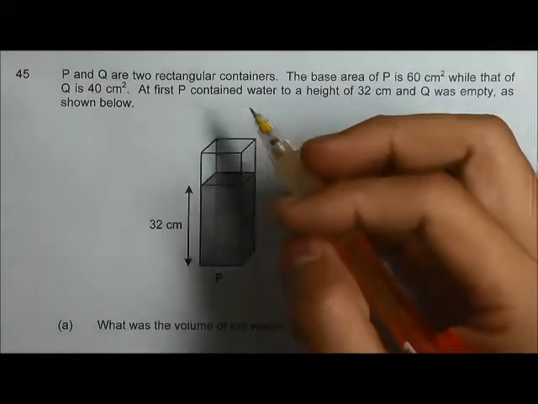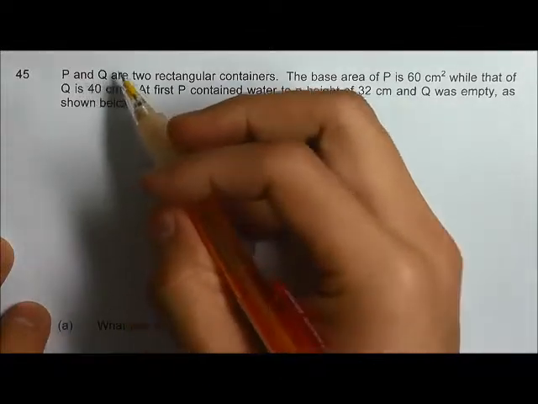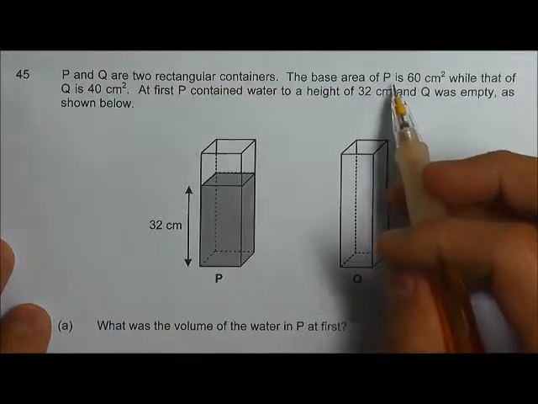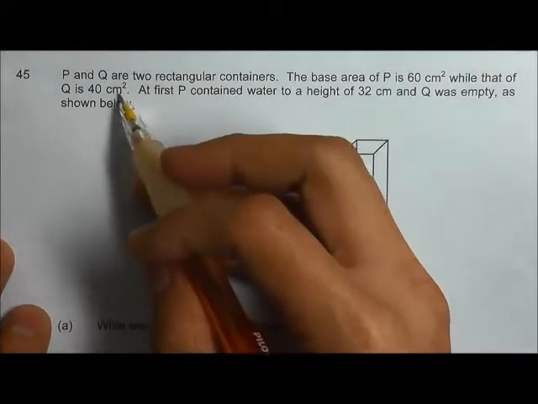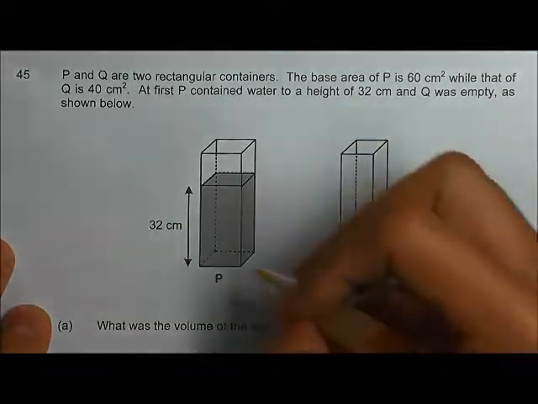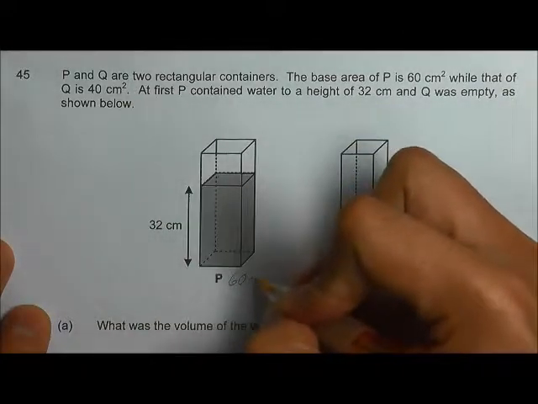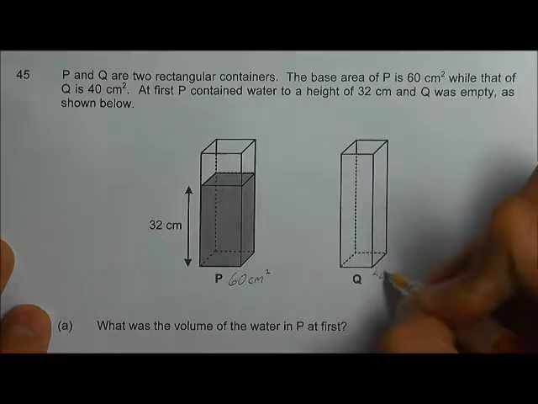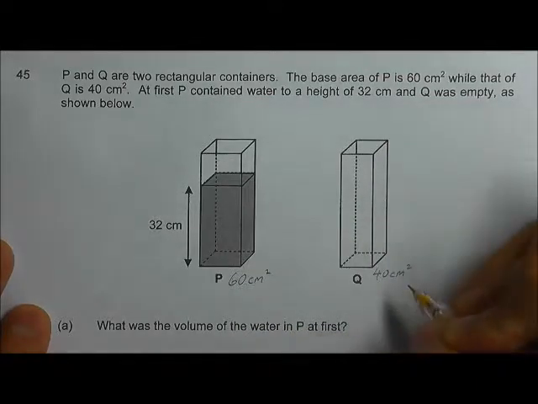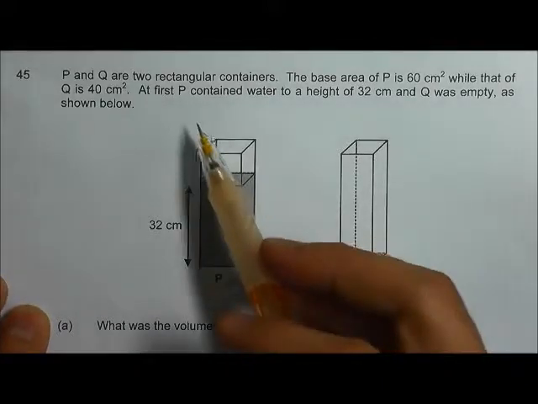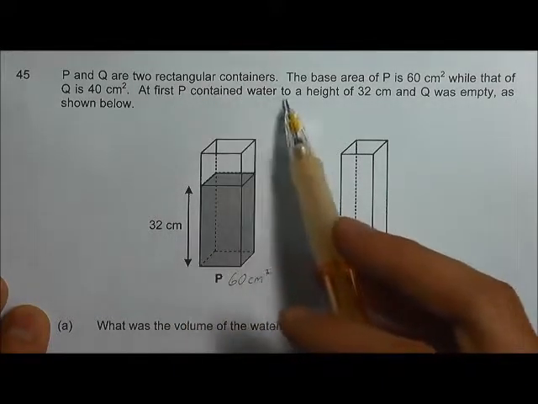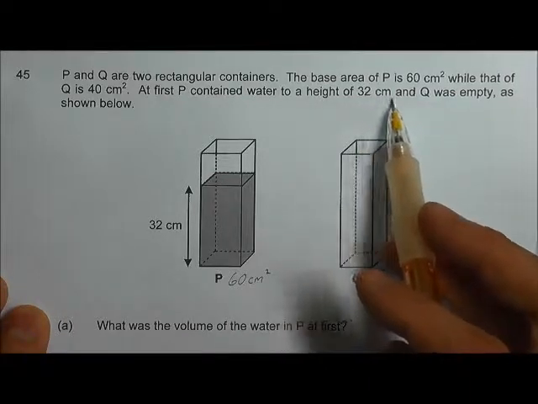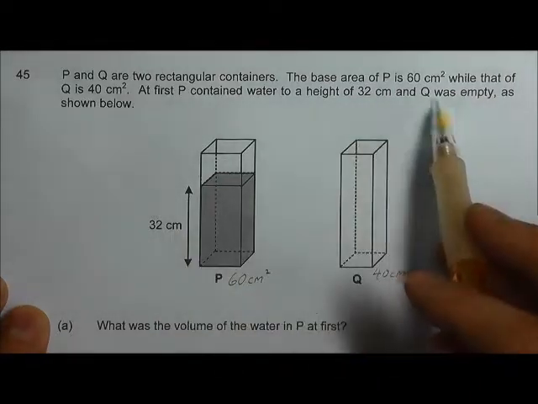We have two rectangular containers P and Q. The base area of P is 60 cm square, while that of Q is 40 cm square. So you can just label here 60 cm square and 40 cm square. At first, P contained water to a height of 32 cm as shown here, and Q was empty.